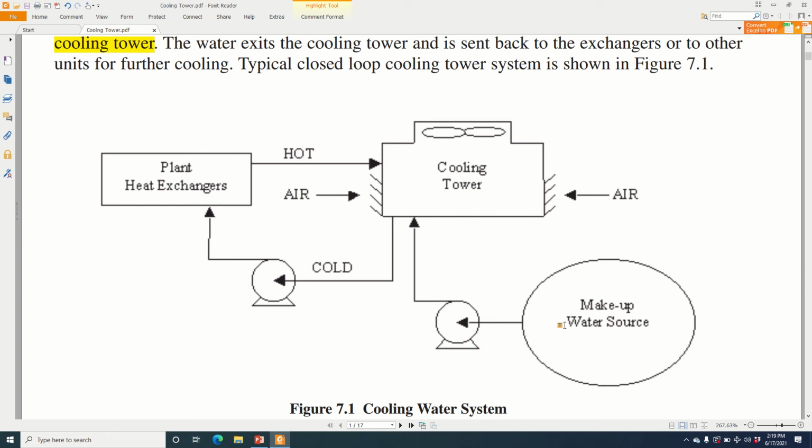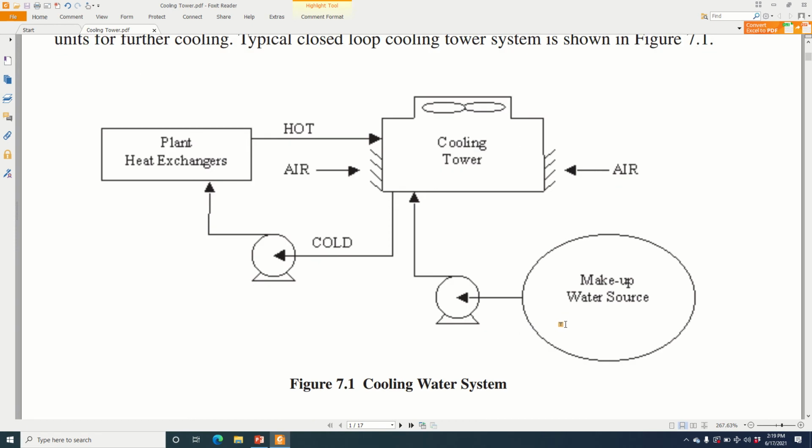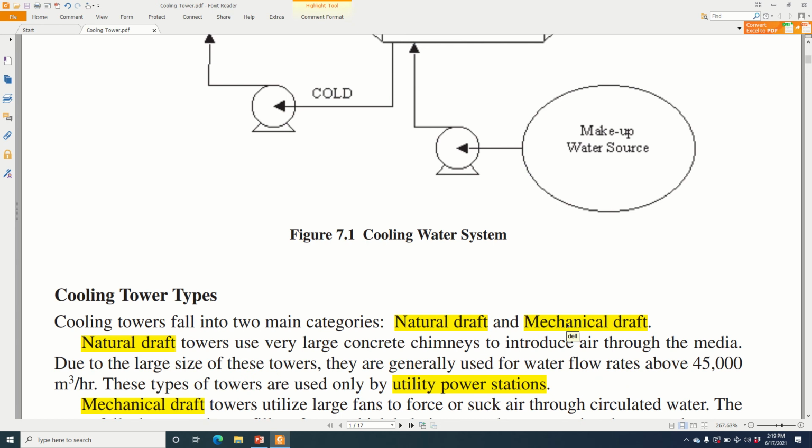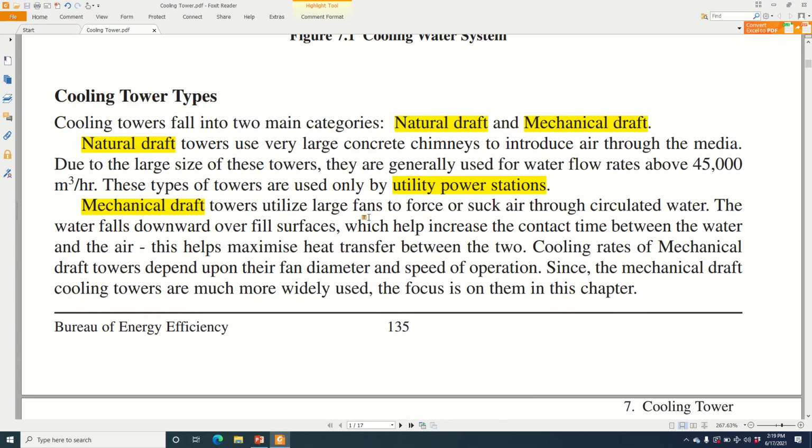Now I will discuss different types of cooling towers. There are two major types of cooling tower. The first one is natural draft cooling tower, and the second one is mechanical draft cooling tower.